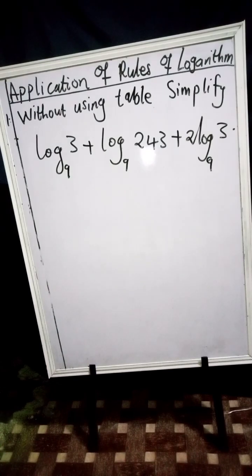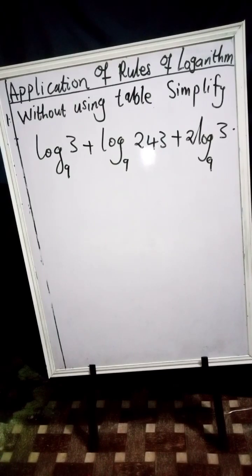Then log of m base a plus log of n base a is the same thing as b to power x multiplied by b to power y. And since they have the same base, b and b, we added the power. So that is what we are going to employ here.